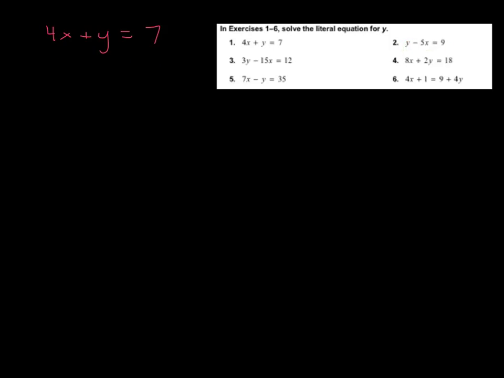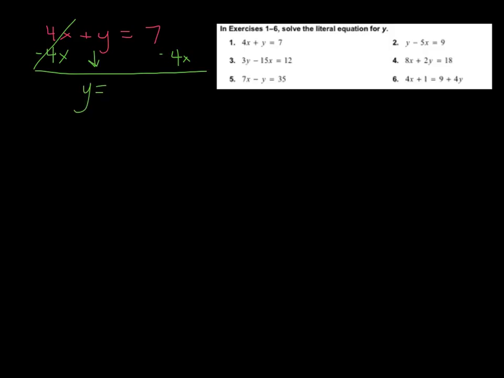So notice here that we have y, and we're doing 4x plus y equals 7. So if you're trying to isolate y, you want to get that 4x to the other side by doing the opposite. And the opposite of positive is negative. So I'm going to subtract 4x from both sides. Now, just like we've been talking about for the last 2 days, positive and negative 4x cancel and I bring down my y.